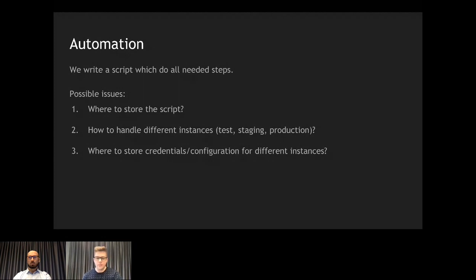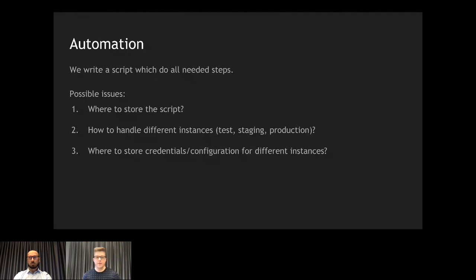And how to handle different instances, for example, our staging, test and production environments? How to handle deploying different versions of code to different instances, or for example running some different commands for each of those steps or environments, and where to store credentials or configurations for different instances?